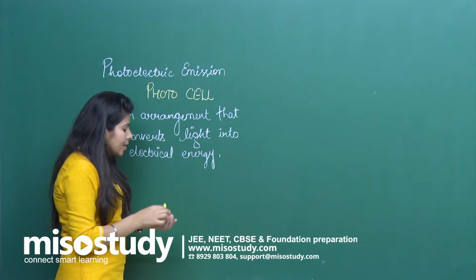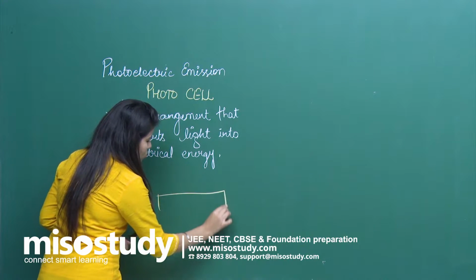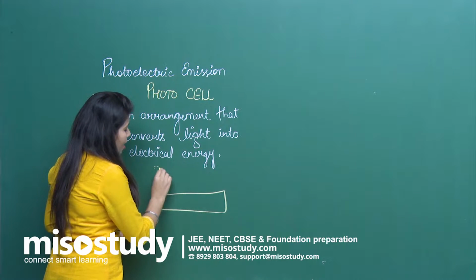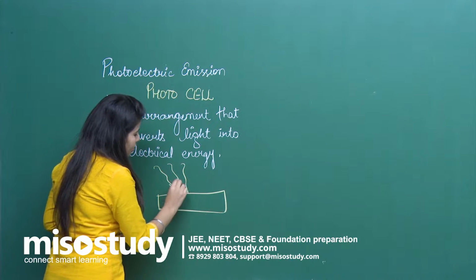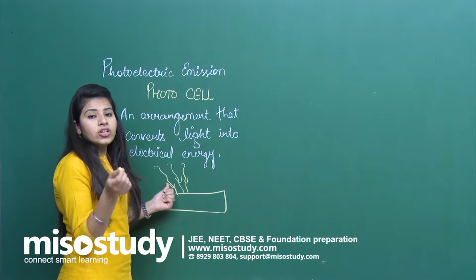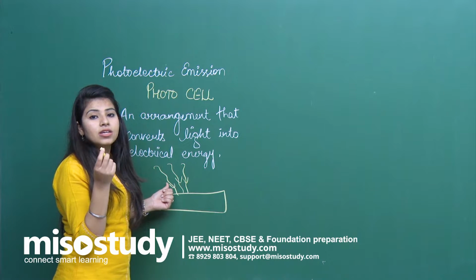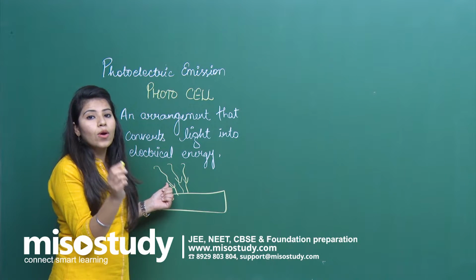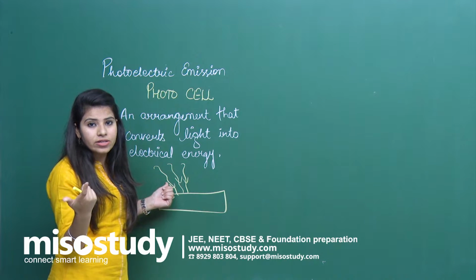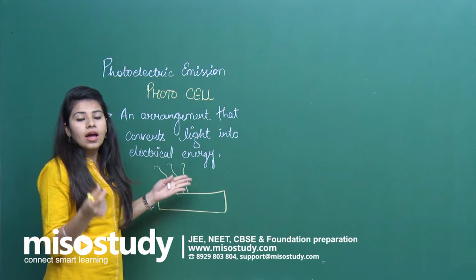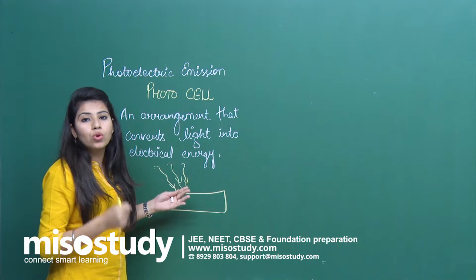Why? Because if I have a metal surface and some radiation falling over it, the radiation is composed of what? It is composed of quanta, and quanta are packets of energy. This quanta is called photon.